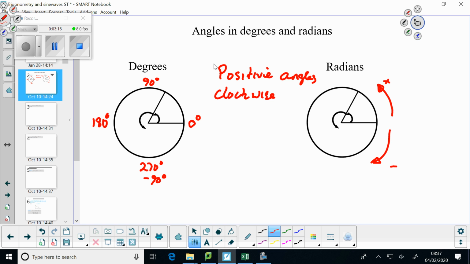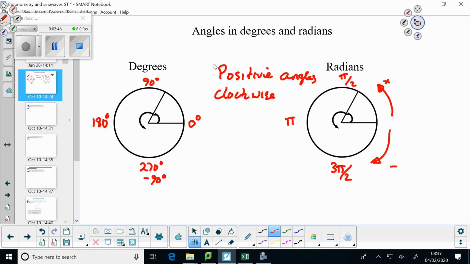Radians is around the constant we all know and love, pi. There's 2 pi radians in a complete circle. So 90 degrees is equivalent to pi over 2 radians. 180 degrees is pi radians. 3 pi over 2 is the 270.